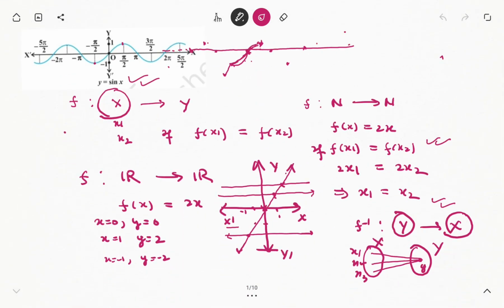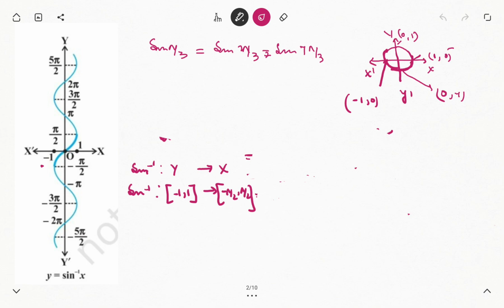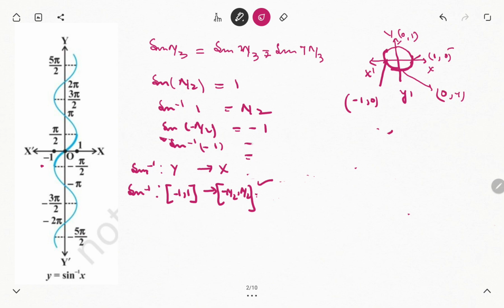Now for 1, 1 function, we have to restrict the domain of the sine function, that we have restricted. And then now see, I am showing you sine of pi by 2 is 1. So sine inverse 1 is equal to pi by 2. Sine of minus pi by 2 is equal to minus 1. So sine inverse minus 1 is equal to minus pi by 2. That is why we are getting this. So restriction is necessary here.